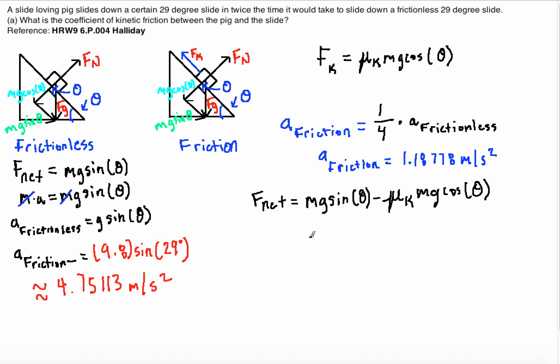So I can simplify this again, and I'm going to do a little bit of simplification on both sides. F net can be written as m times a is equal to, and I'm going to pull out an mg from these terms. So it's mg times the sine of theta minus mu k cosine of theta. And here we get our masses to cancel, like so.